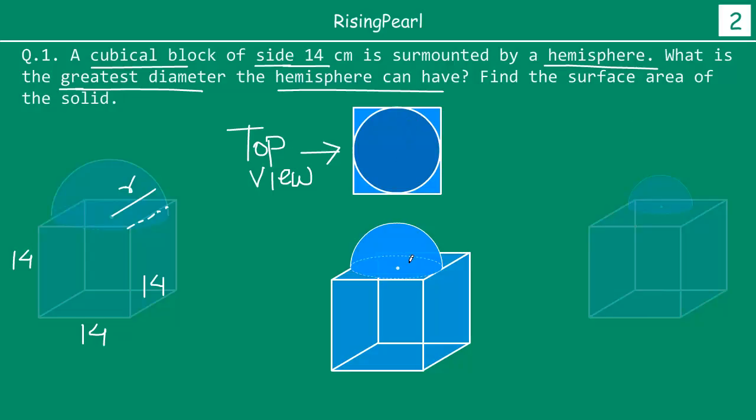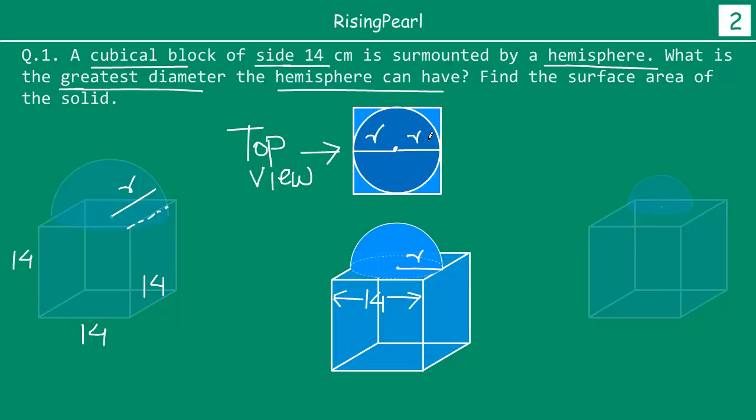In this particular case, this radius r is such that, if I think of the center as this, this radius r exactly lines up with the top surface of the cube. In other words, this length, r plus r, is exactly equal to the length of the cube.